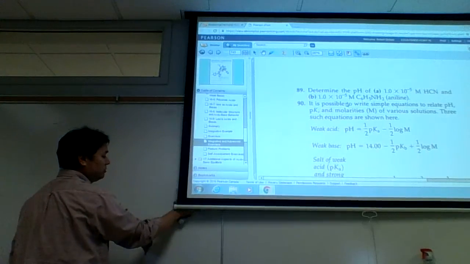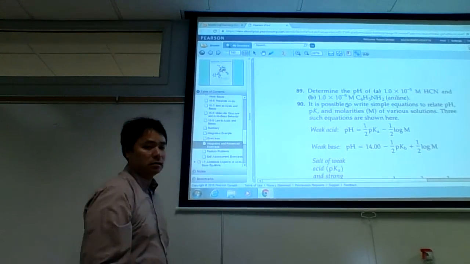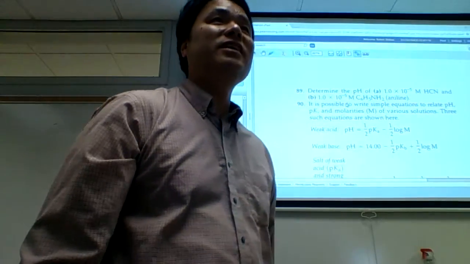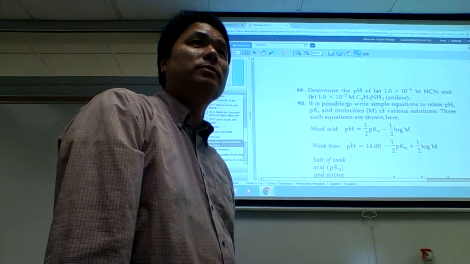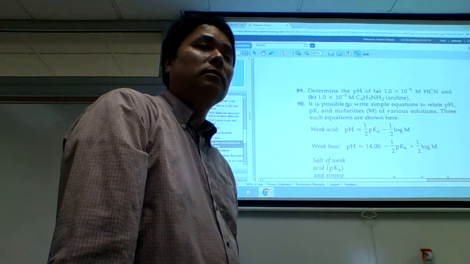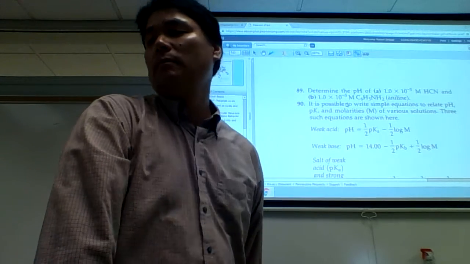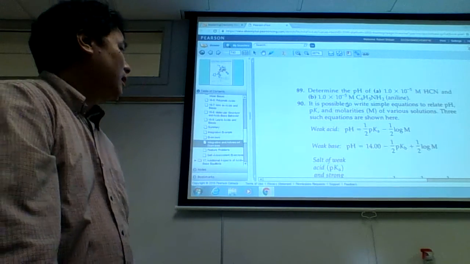There are two ways you could do this. How much hydronium did they get? Did they get a number, or did they just put, from water, like 1.0 times 10 to the minus 7? All right.